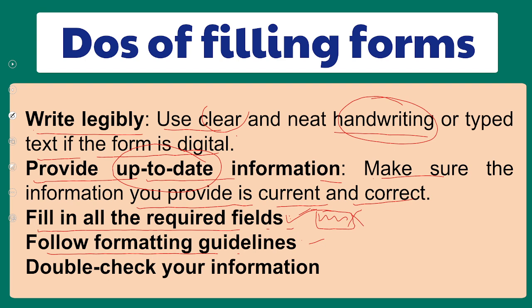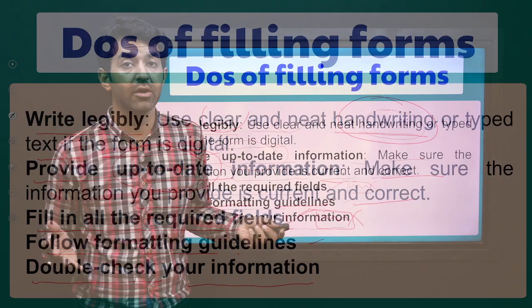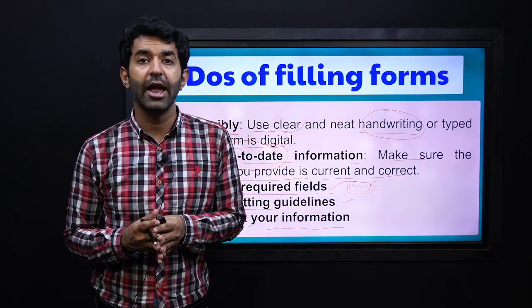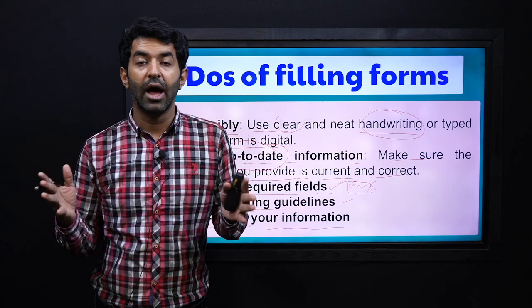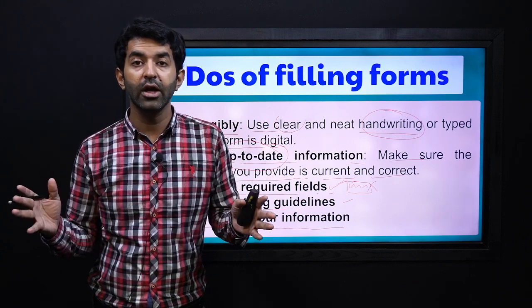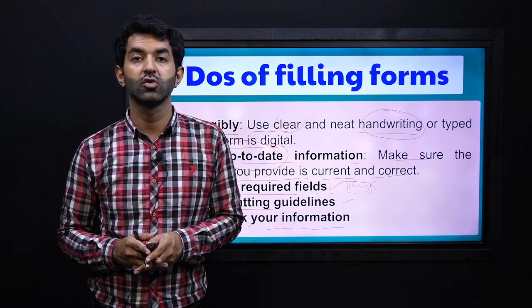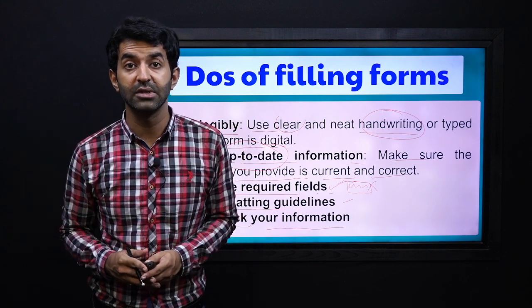Then after filling the form, dear learners, you have to double check your information. Check for any spelling errors, any error in your contact information, your name, your father's name, your ID card, or whatever you're doing, just double check your information so that you can correct the mistake if there is any.